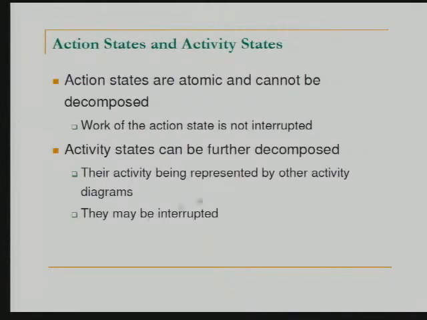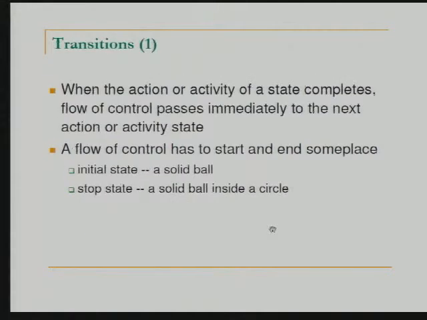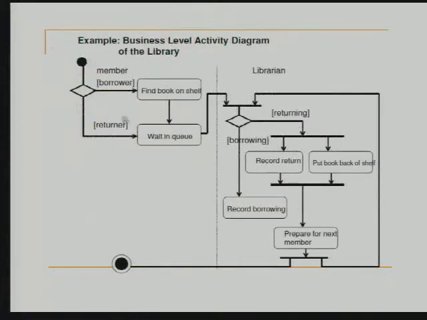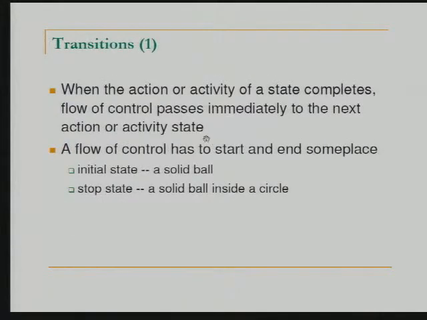So this decomposition, again, is the abstraction coming into play here. When the action or activity of a certain state completes, the flow passes immediately to the next action or activity. Those are basically the arrows that you see, okay?